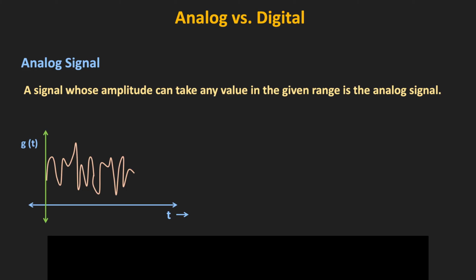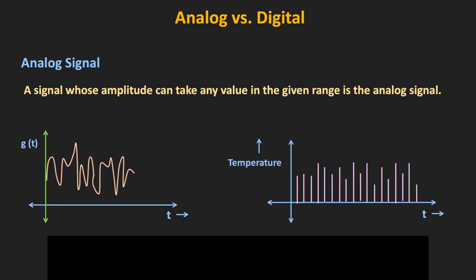Now in the time domain, this analog signal could be continuous or discrete. That means in the time domain, it may exist continuously or it may exist at discrete time intervals. For example, the voice signal is a continuous analog signal. On the other hand, if you measure the temperature of any city at an interval of 1 hour, then it is the case of a discrete signal.